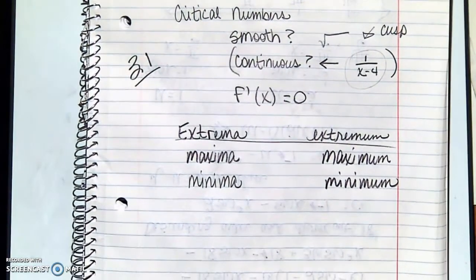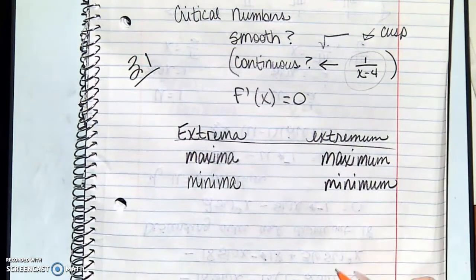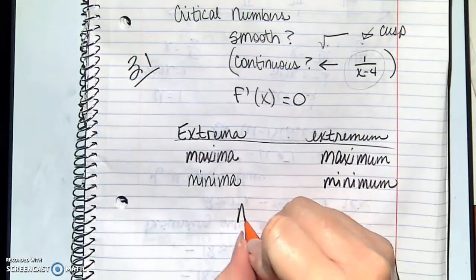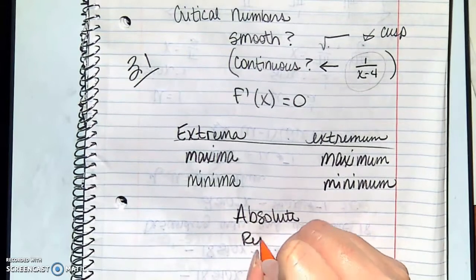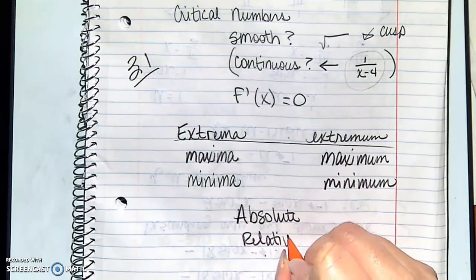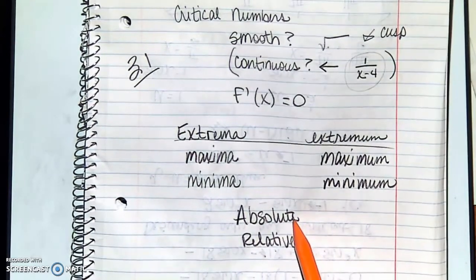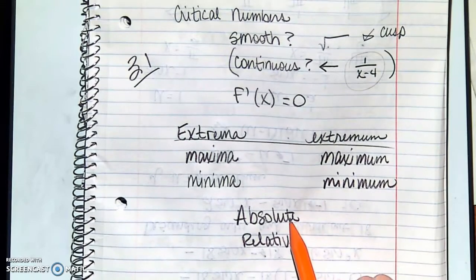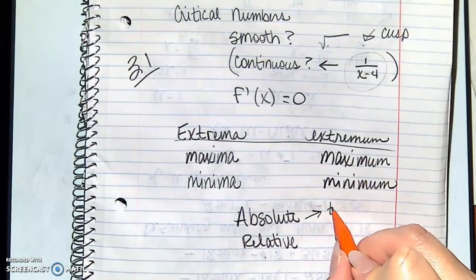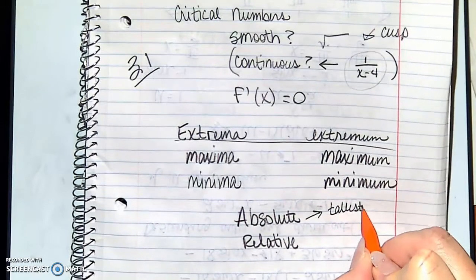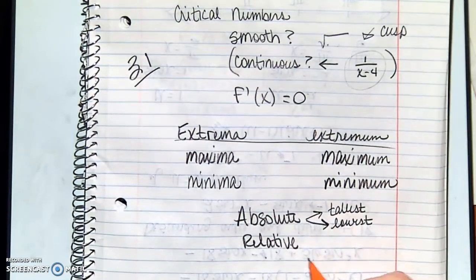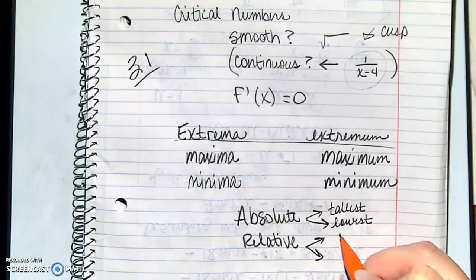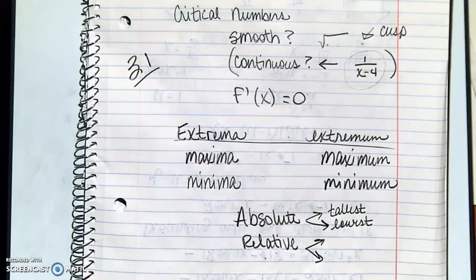So what we want to look at at this point is the last part, which is absolute and relative. An absolute max or an absolute min will be the very tallest point or the very lowest point, whereas relative maxes and mins can be all of the hills and valleys along the way.